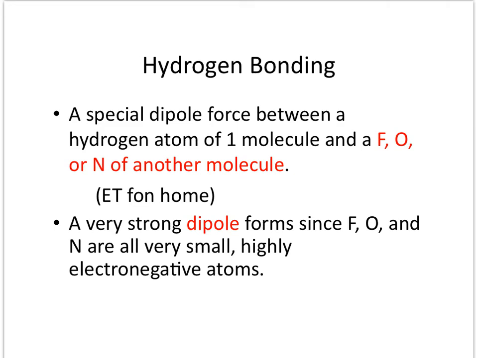This very strong dipole-dipole force forms because fluorine, oxygen, and nitrogen are all extremely small, as well as hydrogen, and they're very electronegative atoms, meaning that they have a tendency to pull hydrogen's electron very, very close to themselves.